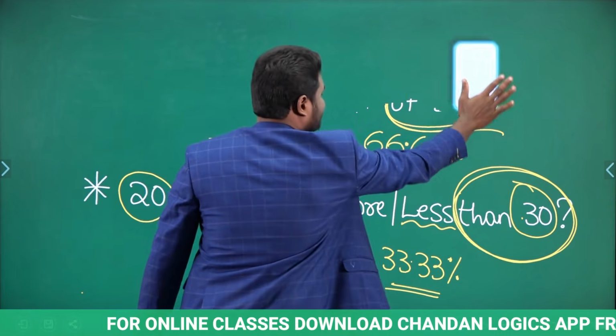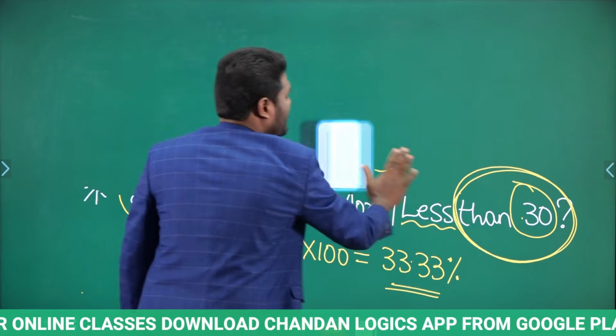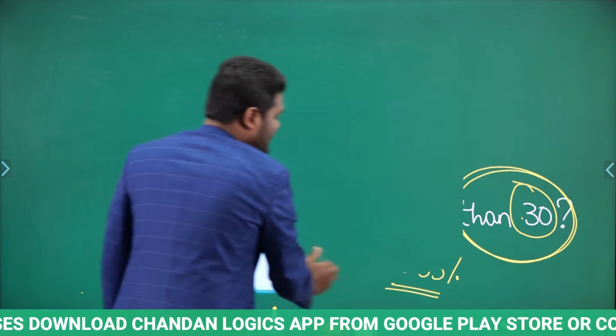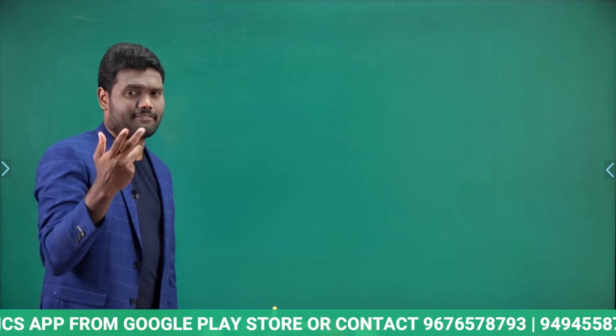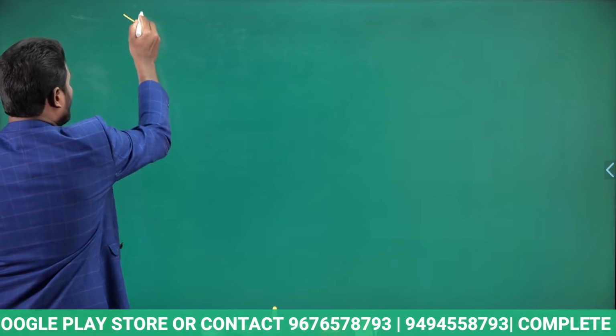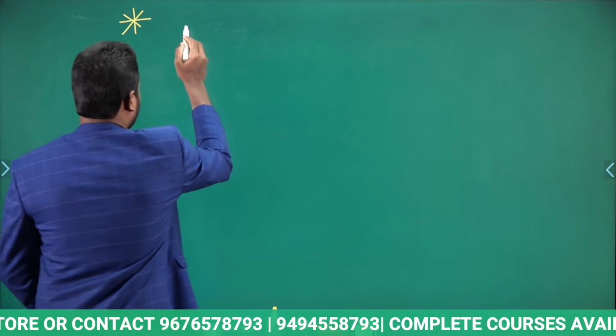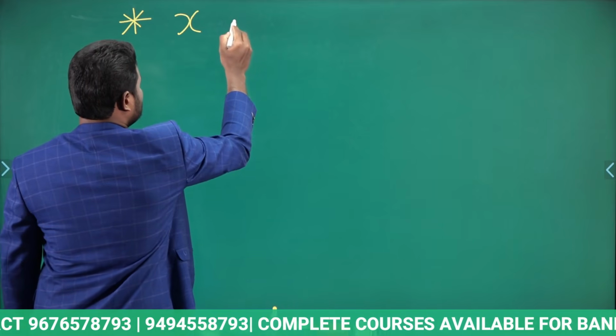20% of 30 is different. 20 is what percent of 30 is different. 20 is what percent more or less than 30 is also different. So all these three are different. Now in examination, how is it actually going to come?